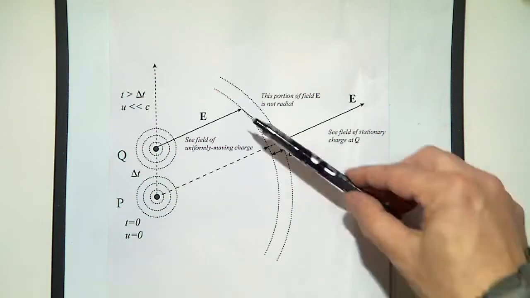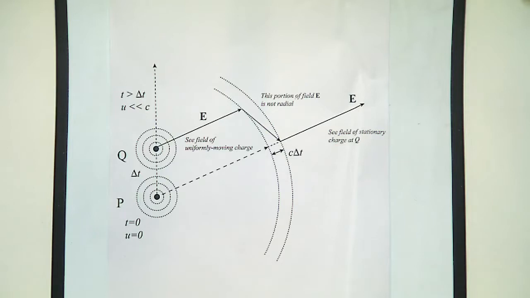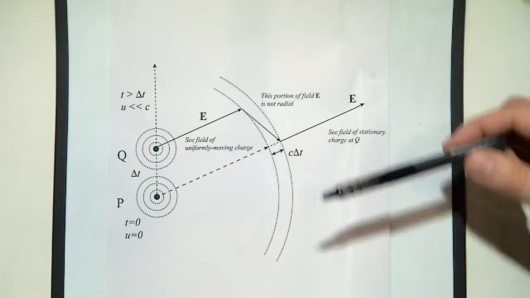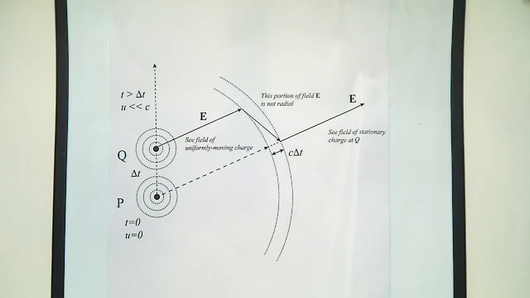So we recognise this as being the radiation that's emitted. And the astute ones of you will realise that the length of that electric field does depend on the angle at which we're looking. We'll get to that later.